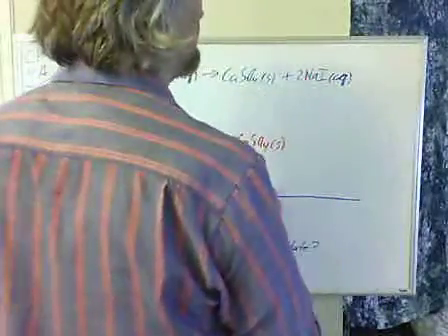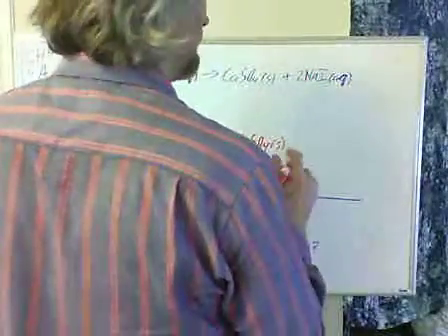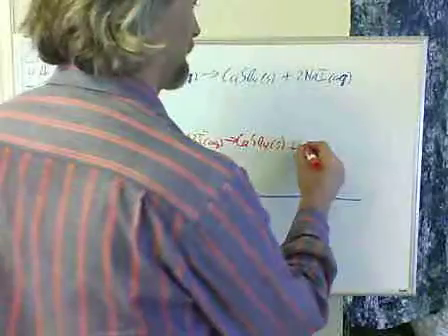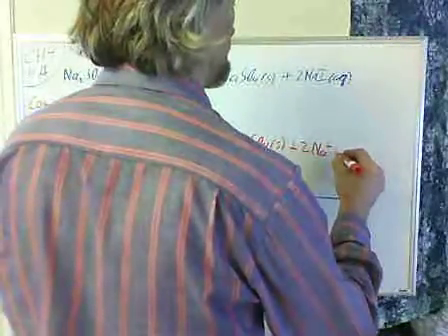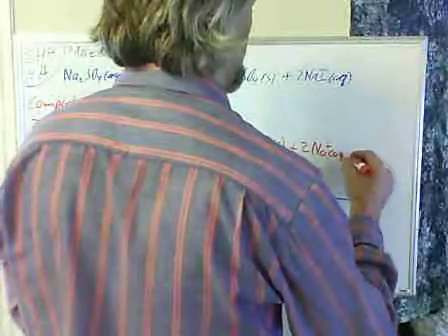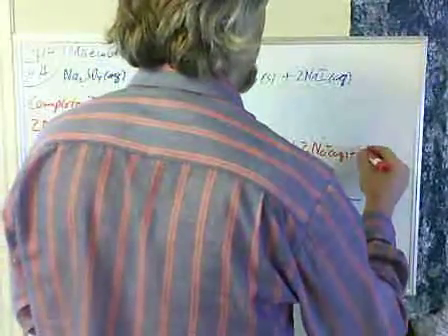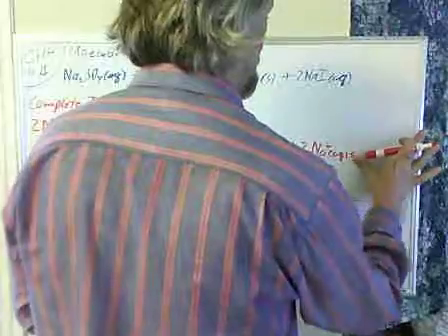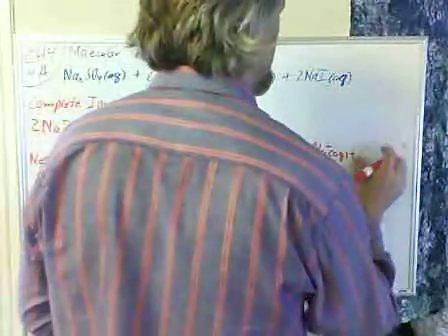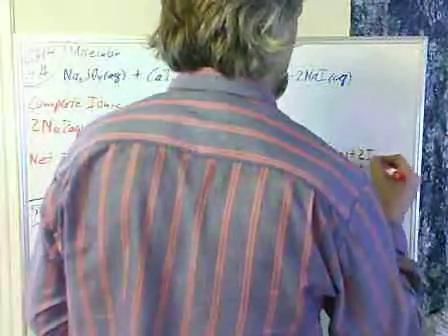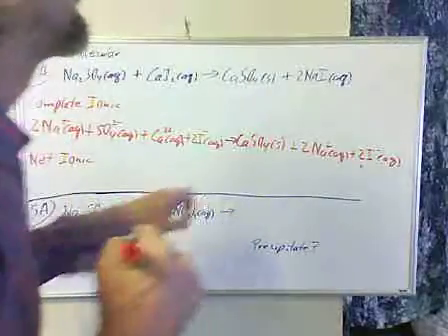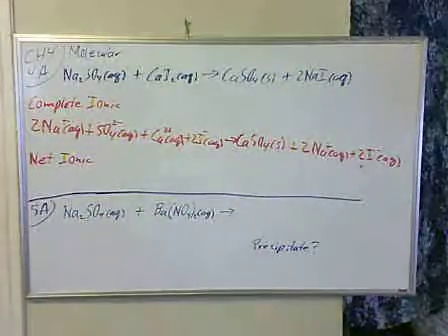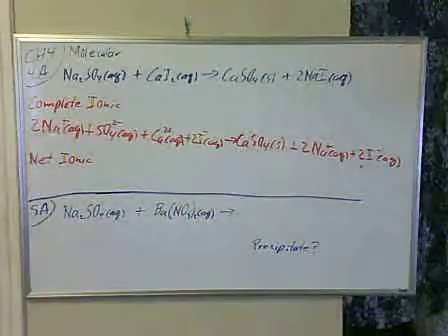We're going to break apart the sodium iodide into sodium ions plus iodide ions, 2 iodide ions, so this is the complete ionic equation that shows everything in solution.